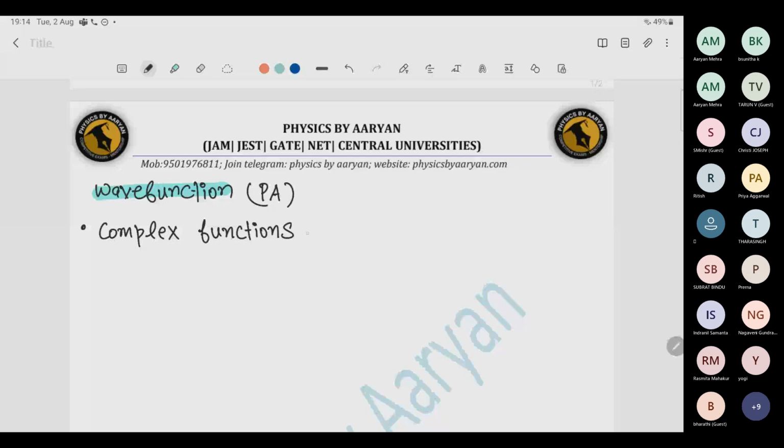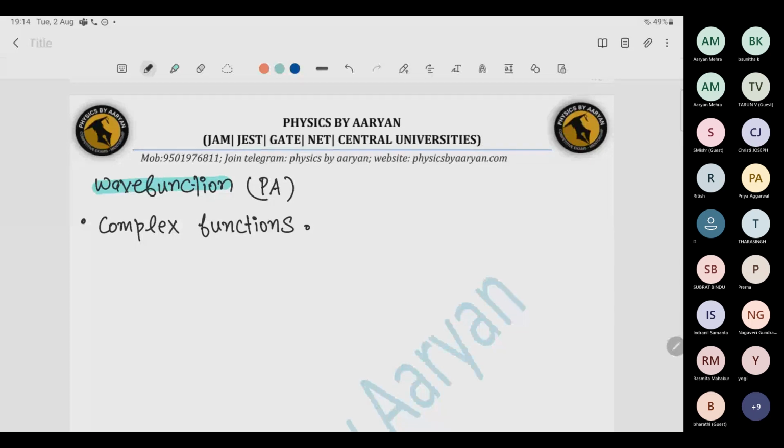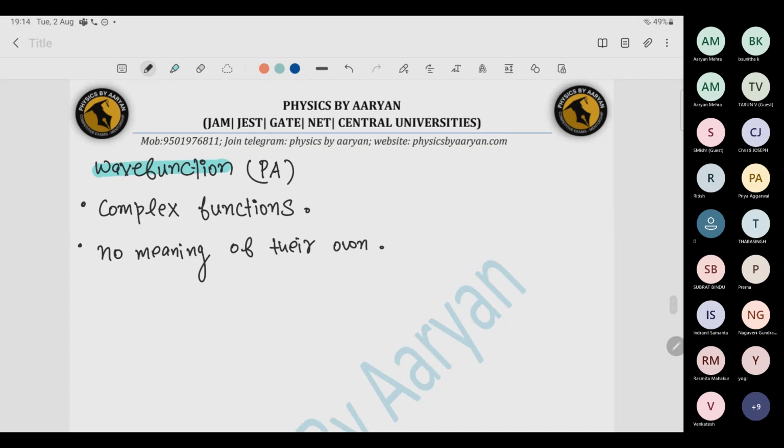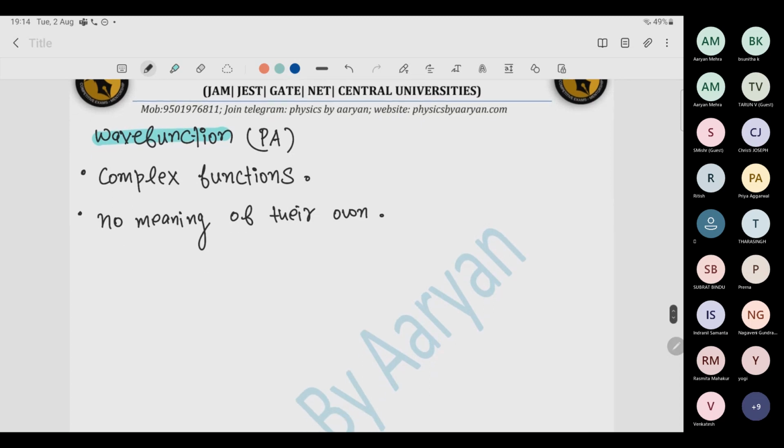They are complex functions in general, meaning they can also be real, but in general they are complex. They do not have any physical meaning of their own. But if we know them, we can find out other things like momentum and energy and so on. So this is a general description.